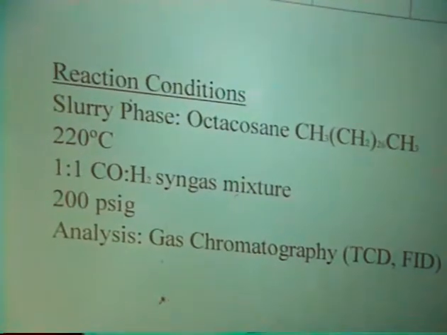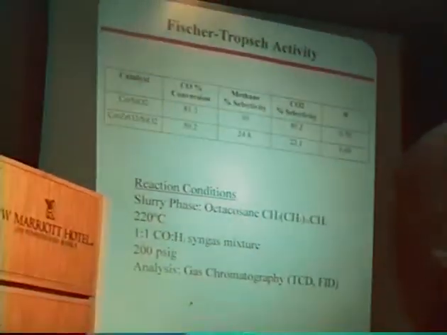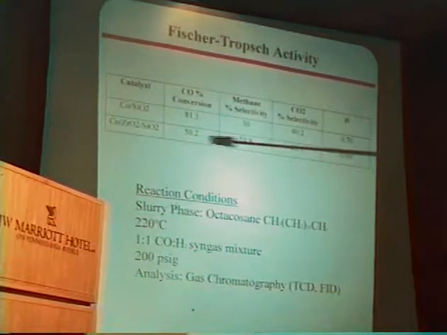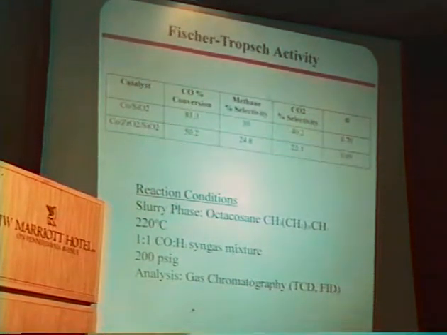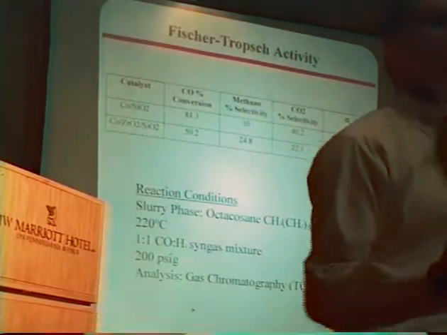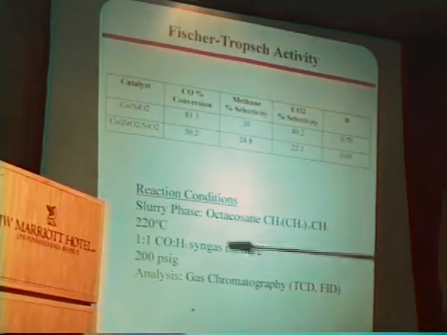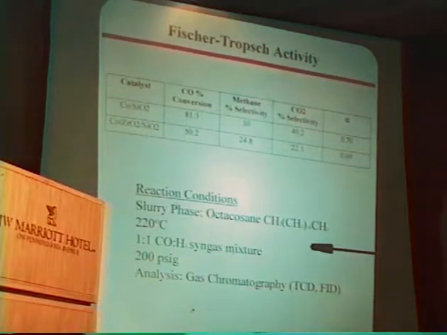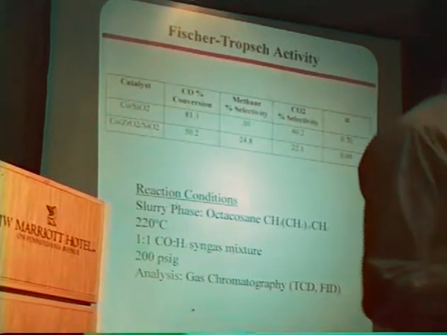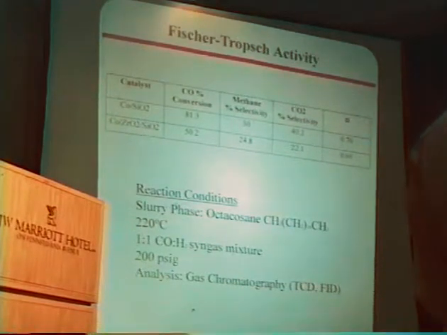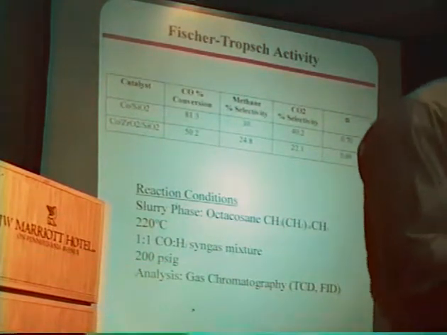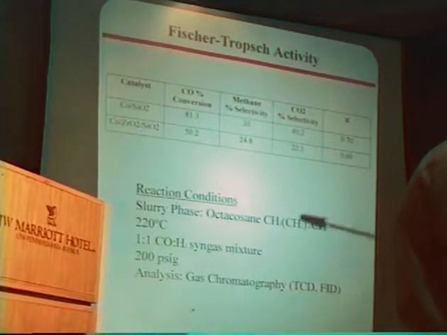Therefore, a direct comparison of these two may not be valid, but we have run several samples of both the cobalt on silica and the zirconia promoted catalyst in a plug flow reactor and using a slurry phase reactor, and in general we see either no enhancement or very little, if any, enhancement by adding zirconia.